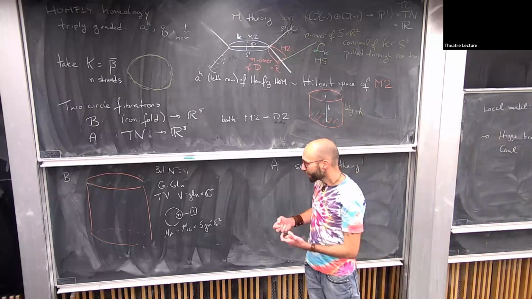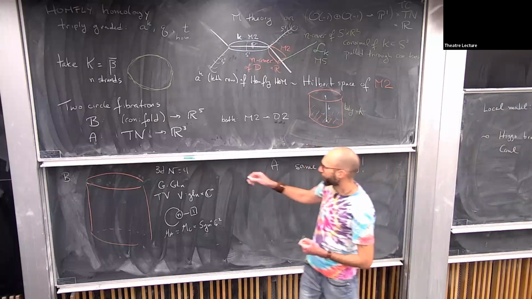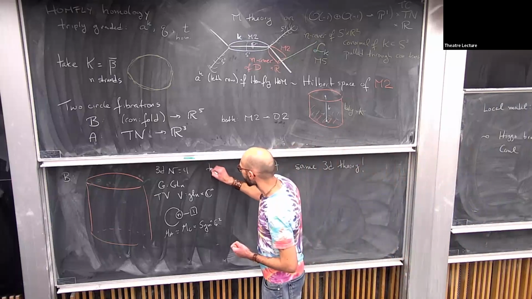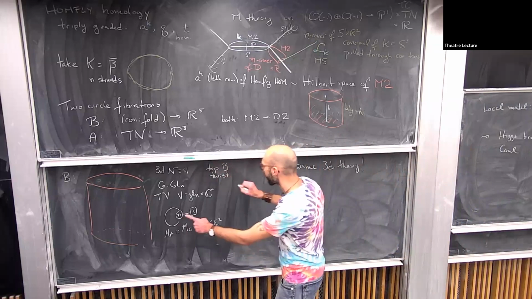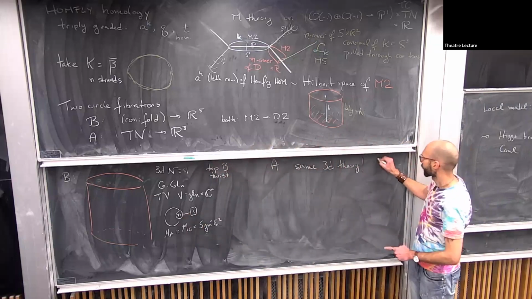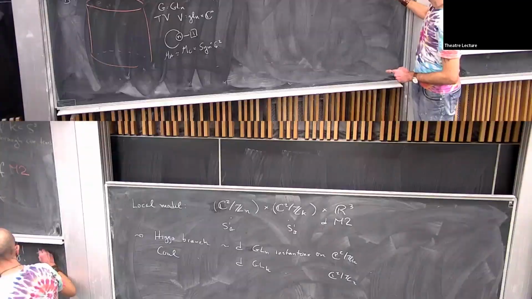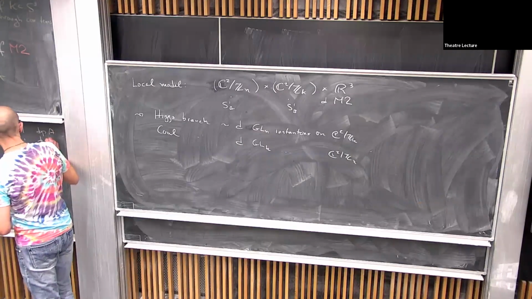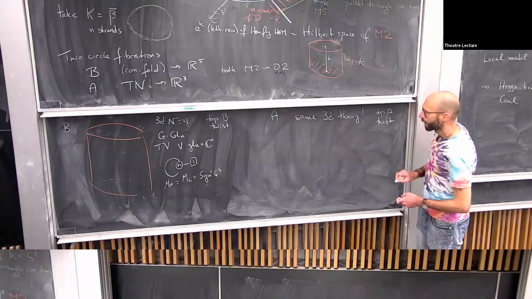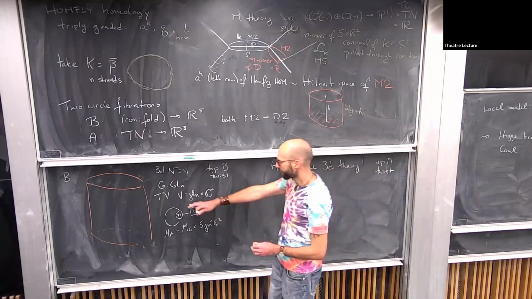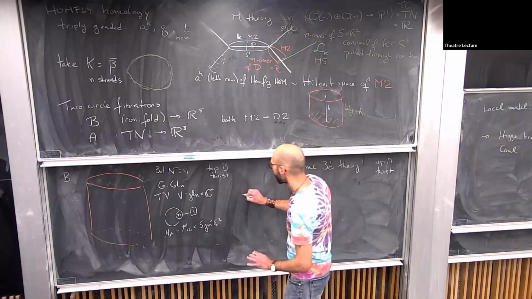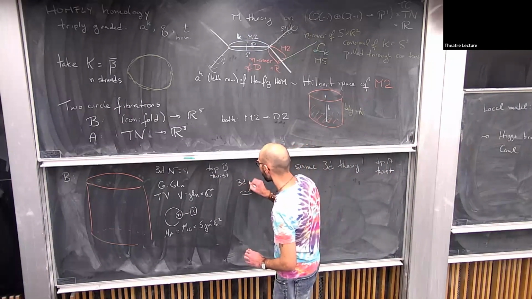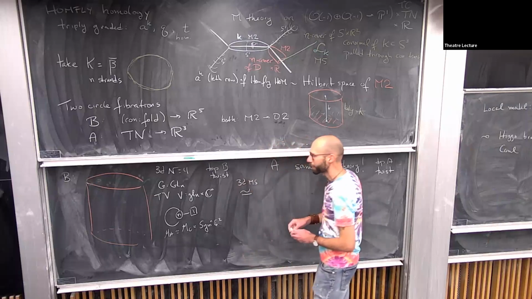What changes is that there's a topological B twist on that side, and there's a topological A twist on this side. So here it's the Higgs branch that's going to be important, and here it's the Coulomb branch that's going to be important. And these are related by 3D mirror symmetry.